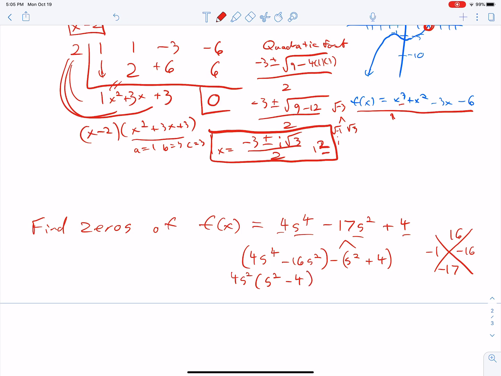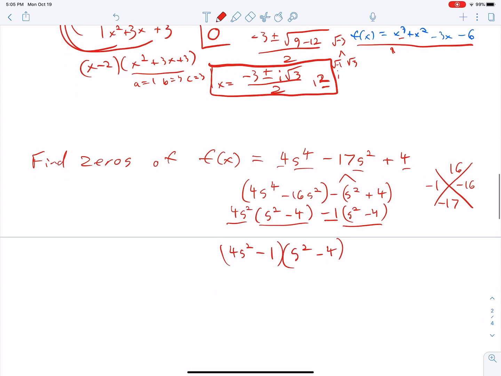Now I'm going to factor out a negative 1, which is going to leave me, again, with s squared minus 4. We have that as a common factor, so we have 4s squared minus 1 times s squared minus 4.